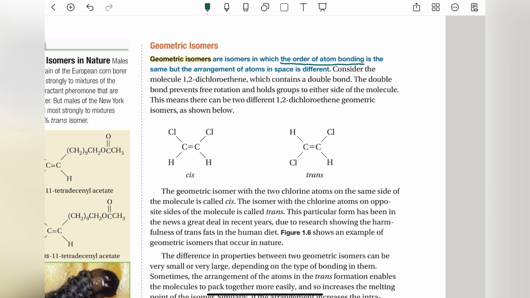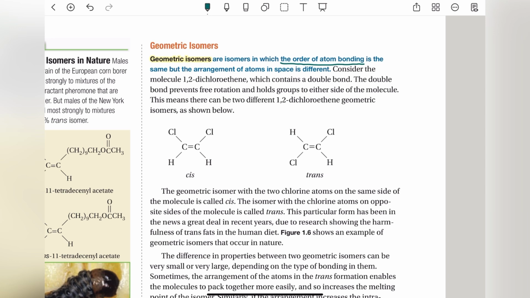So we'll consider the molecule 1,2-dichloroethene, which contains a double bond. The double bond prevents free rotation and holds groups on either side of the molecule. This means there can be two different 1,2-dichloroethene geometric isomers as shown below.